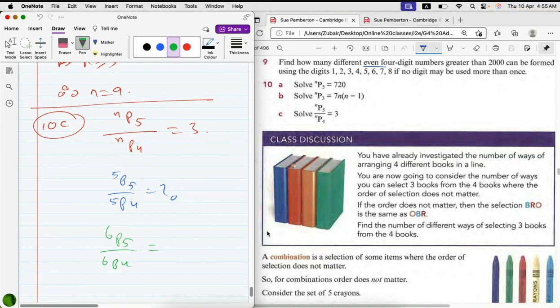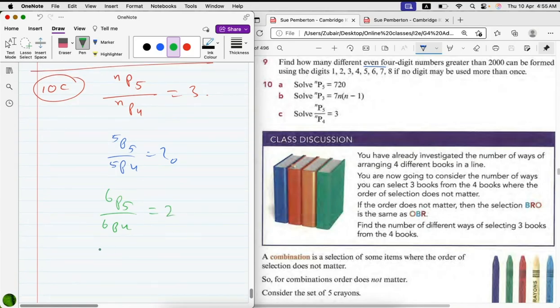For the 6P4 and 6P5, I'm getting 2, so that's not right. So the next highest would be 7. So 7P5 is 2520, and 7P4 is 840, so that's just 2520 over 840, and yeah, it's 3. So just punch this in as a whole in the calculator at once.